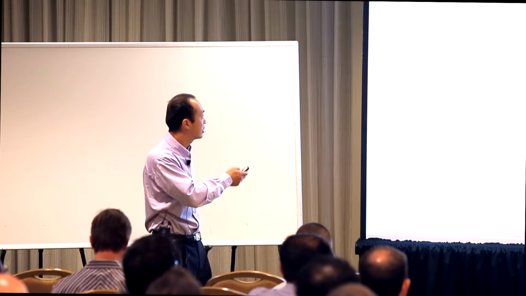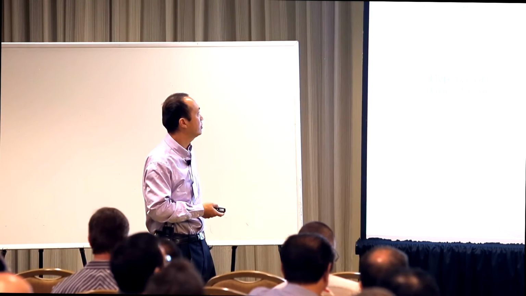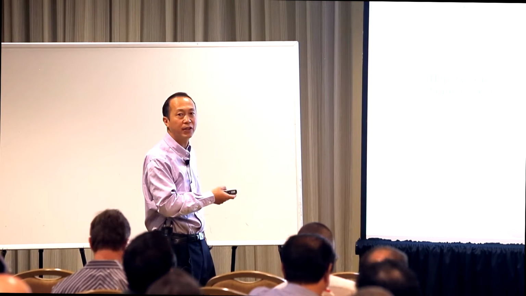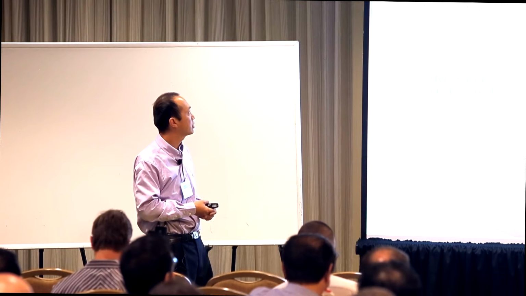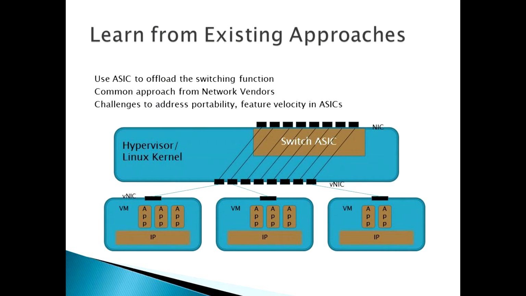We know this works out. By introducing a virtual switch ASIC, they provide the ASIC in the kernel. It's still in the kernel, but it provides the functions captured in the switch ASIC. In this way, they provide a physical NIC facing outside, and they also provide a VNIC facing the VM side. So that provides a generic interface to most of the virtualized VMs.